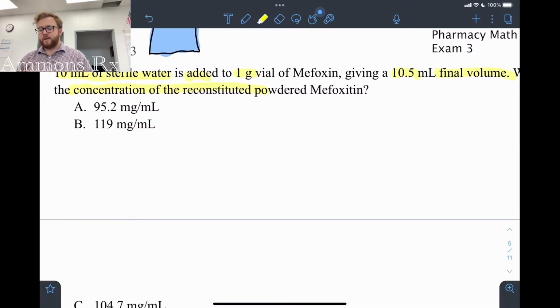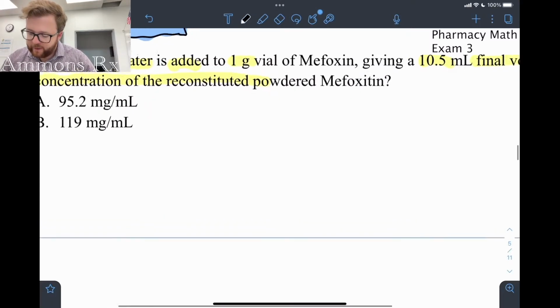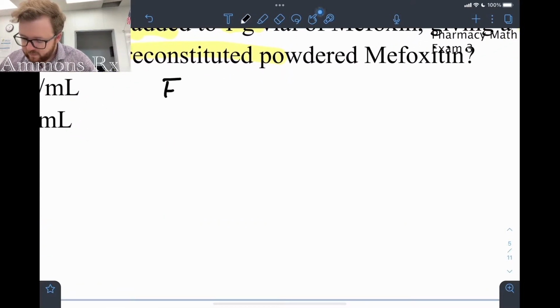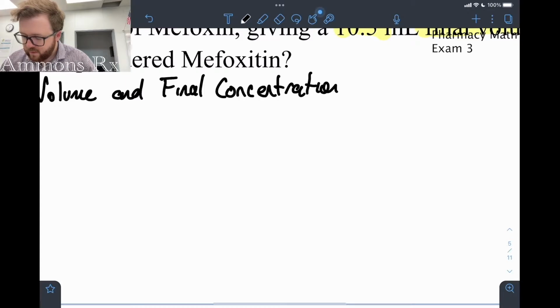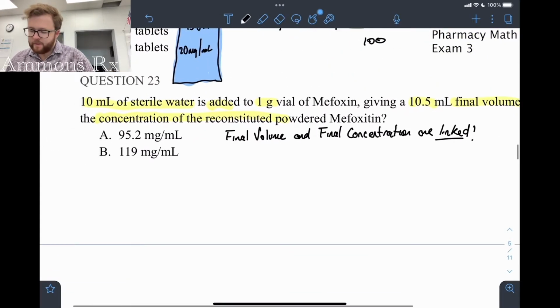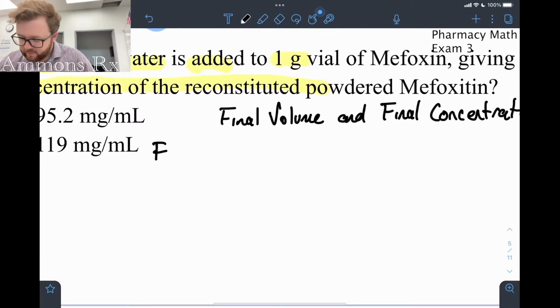But if you remember last time, the words final volume and final concentration are linked. Okay, so I'm going to go ahead and write FV, PV, and DV.